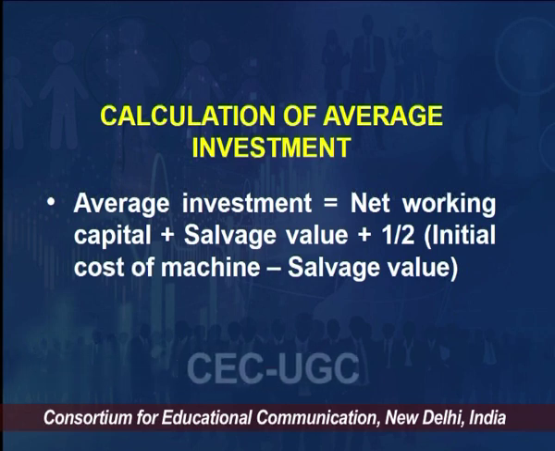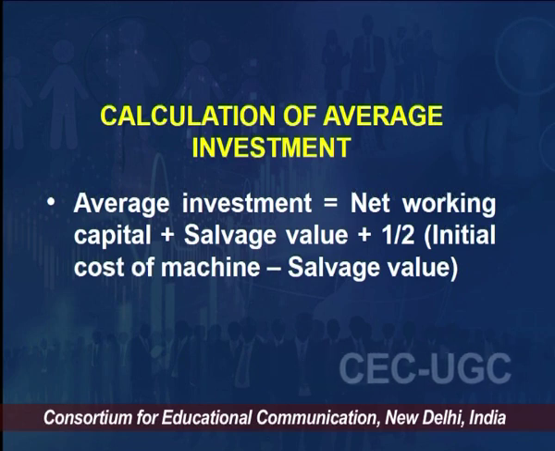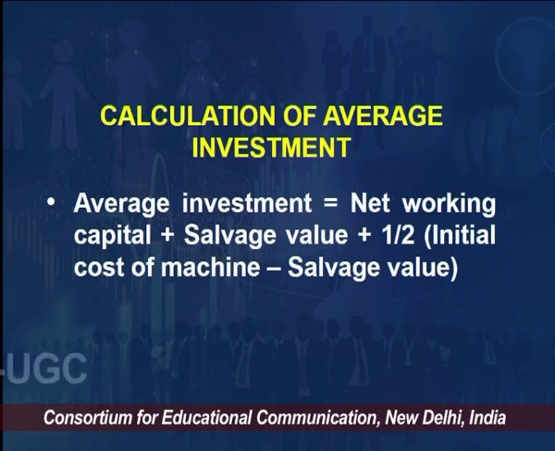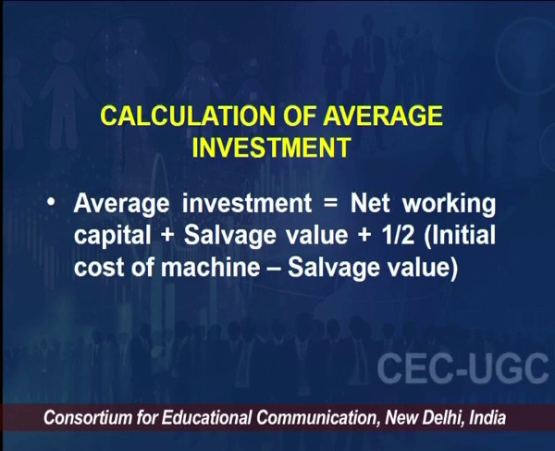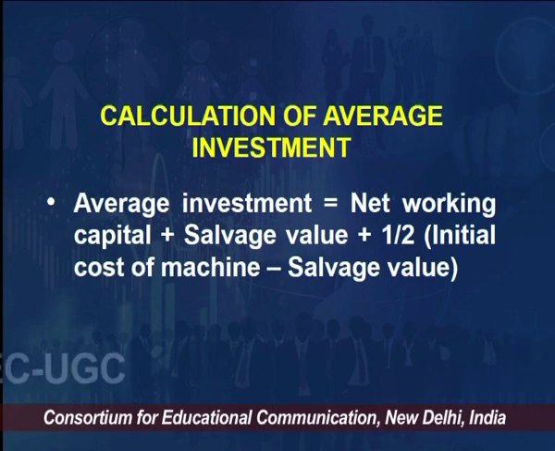So, initial investment minus salvage value divided by 2, so 1/2 of this, right. So, 1/2 of the difference of initial cost of machinery and salvage value, and we add up salvage value, we add up net working capital required. So, that is the average investment calculation.